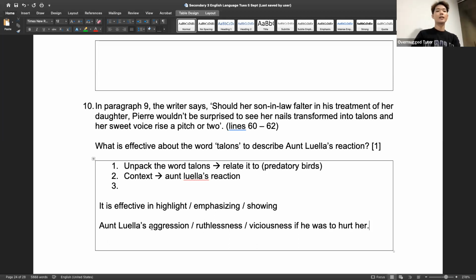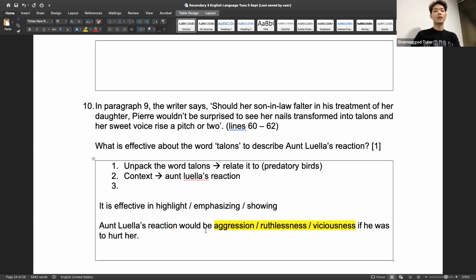Basically it is this. As long as you get this part, it's fine. Showing her ruthlessness. Or her reaction would be aggressive.